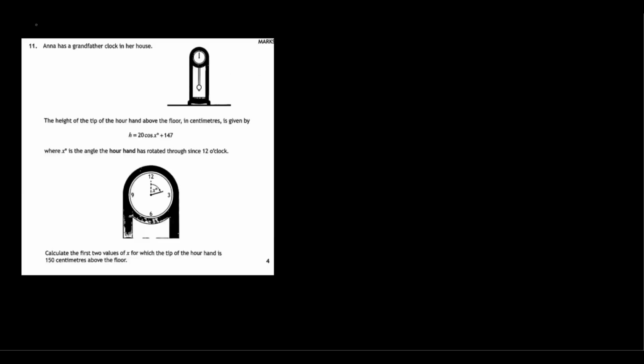Question 11. Anna has a grandfather clock in her house. We're given a formula for the height of the tip above the ground. X is the angle it's rotated since 12 o'clock. Calculate the first two values of X for which the tip of the hour hand is 150 centimeters above the floor.